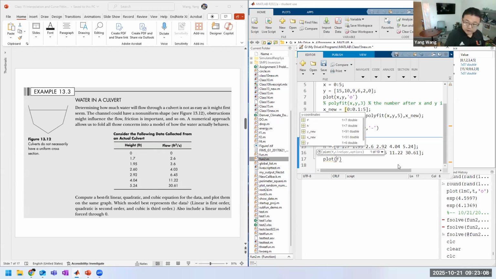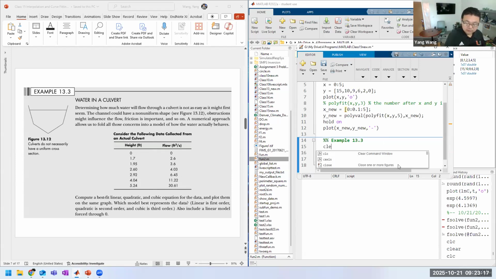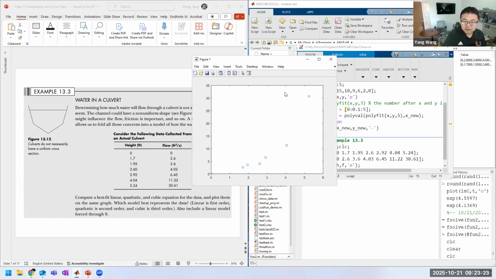Then we can make the plot first. Plot h, f with the circle, because we know that these are the actual data. Let's do clear, clc, just clean up the data that we had before. And you can see how the curve looks. Of course, we know that when the h is 0, there's no height of the water, there's no flow.